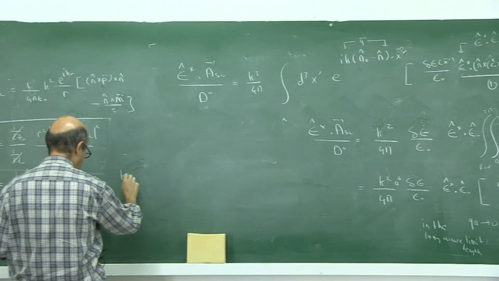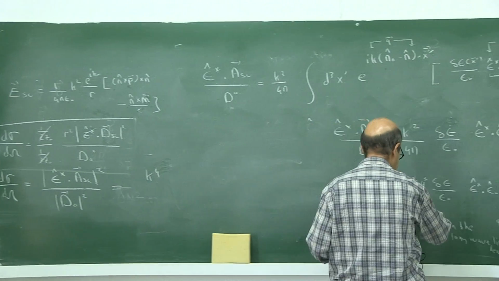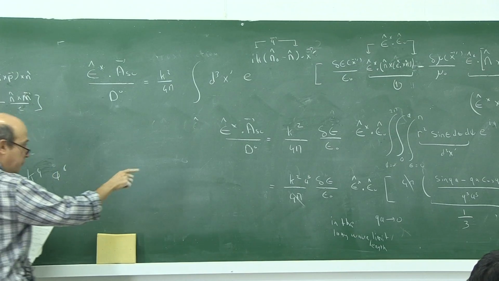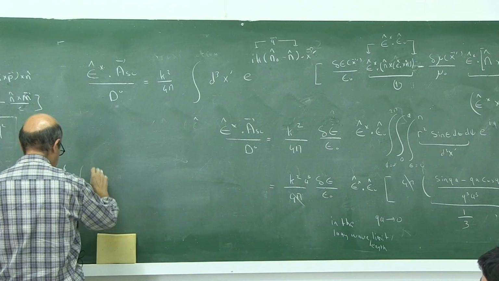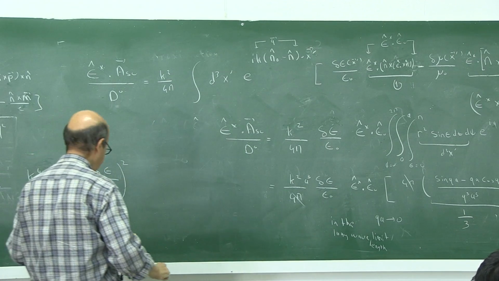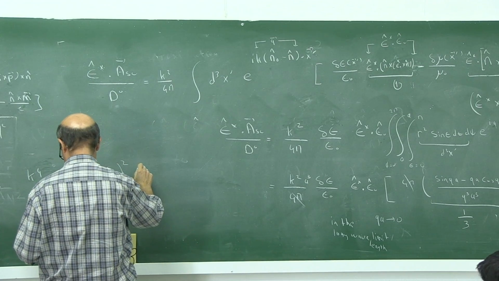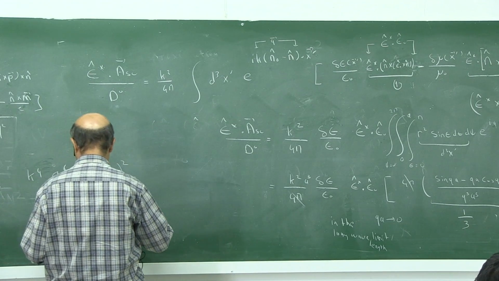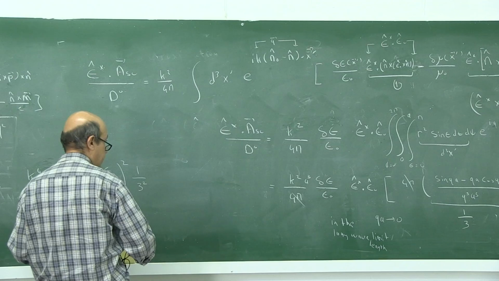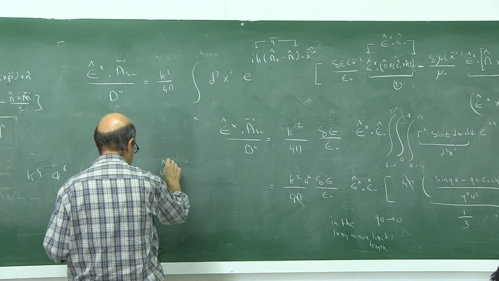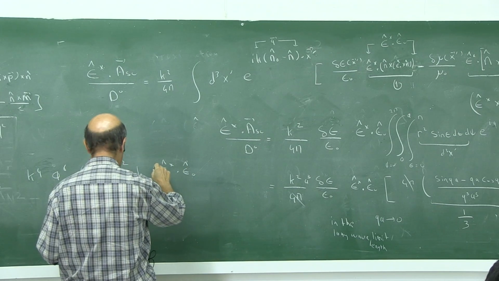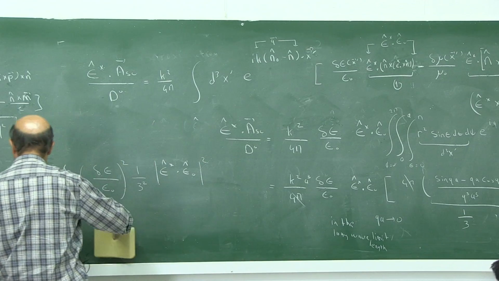So k to the 4, so 4 pi's will be cancelled, and a to the 6 we have. k to the 4, a to the 6, variation in the dielectric constant over epsilon 0 squared, times 1 over 3 squared, times polarization after the scattering dot product with the polarization before the scattering, squared, I think, yes. Anyway, that will be the result.